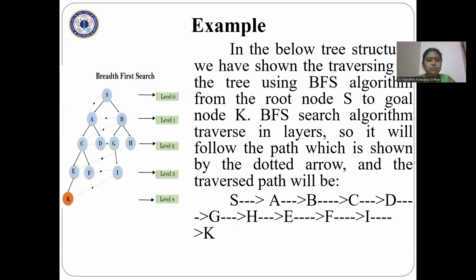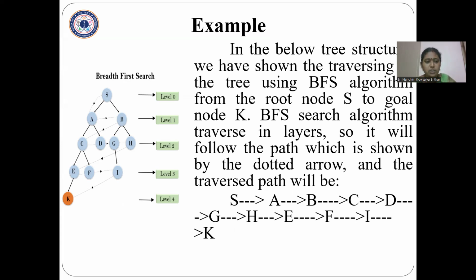For example, a tree is given. In breadth first search, we have an example. From this, we have S as the starting node or root node, then K as the goal node. So in this, we have to search from level 1, then come to level 2, from left side to right side.